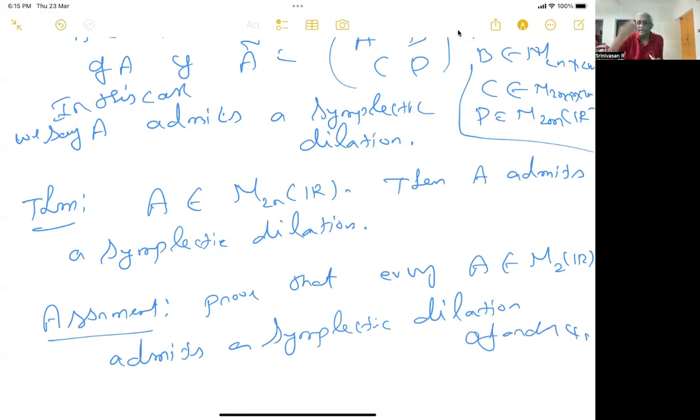Okay. The proof is in KRP's paper. It is just some calculation. Specifically, some matrices are given. You have to verify that they are symplectic operators, and then this will just follow. Okay.